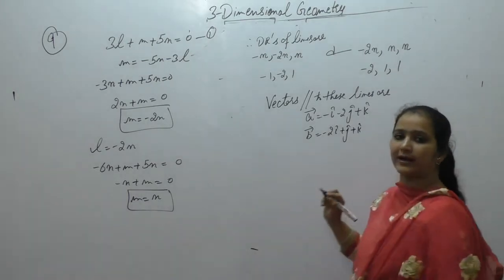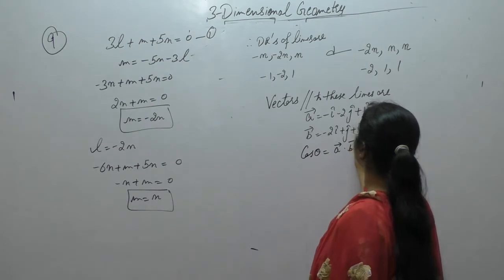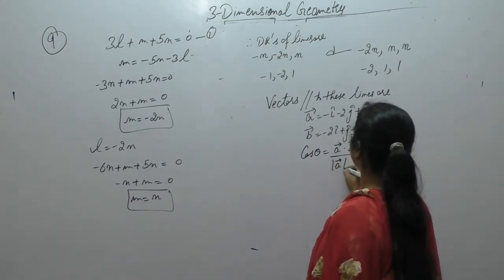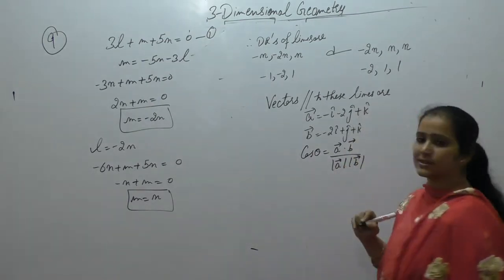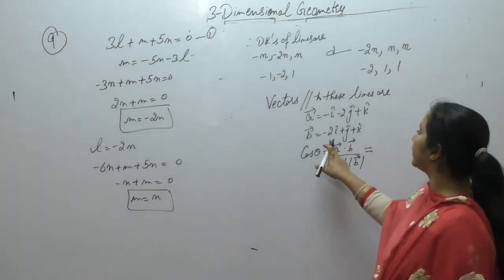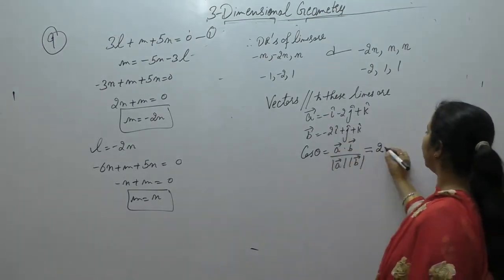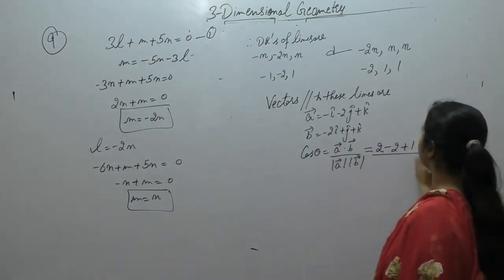Now we want to find the angle. So cos theta is A vector dot B upon modulus of A modulus of B, or we can say magnitude of A magnitude of B. Dot product: -2 into -1, 1 into -2, 1 into 1.